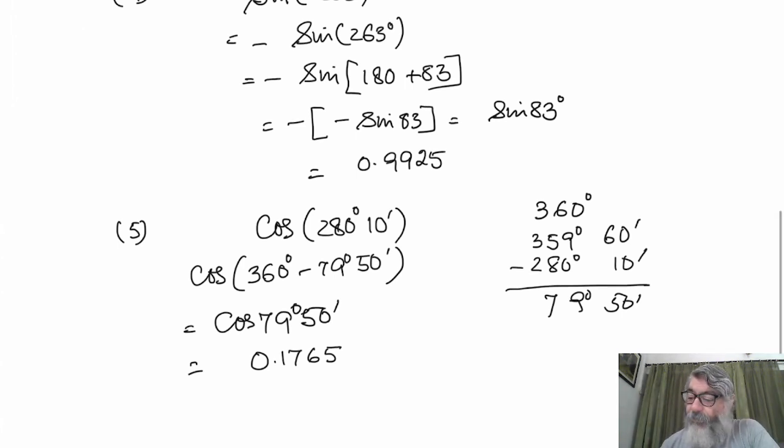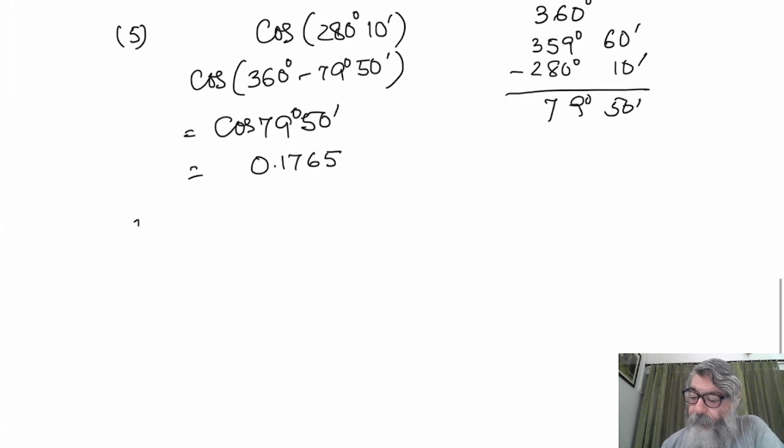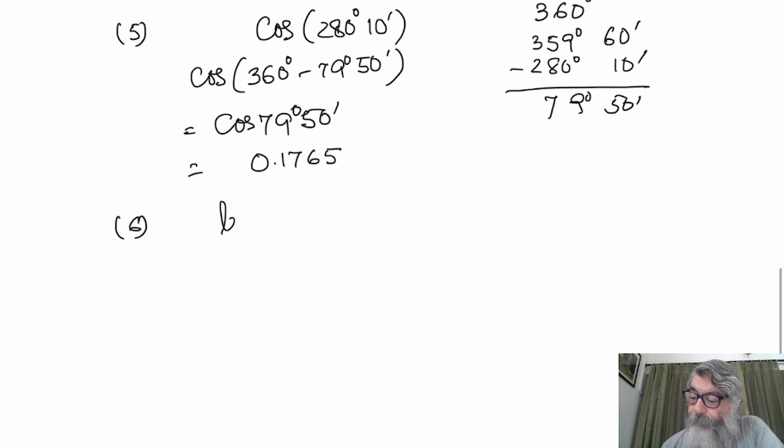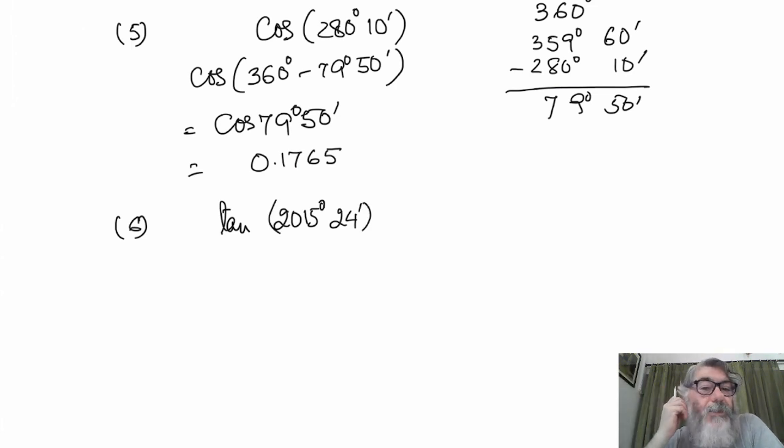Now let's see one more question. It is given tan 2015 degree 24 minute. So obviously I have to find a multiple of 360 which is bigger than 2015 degree.